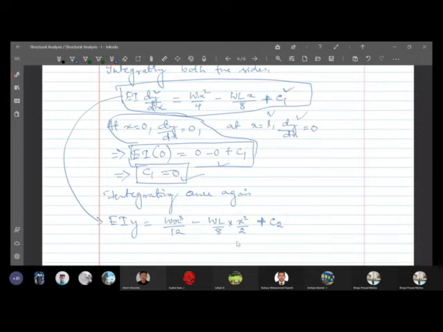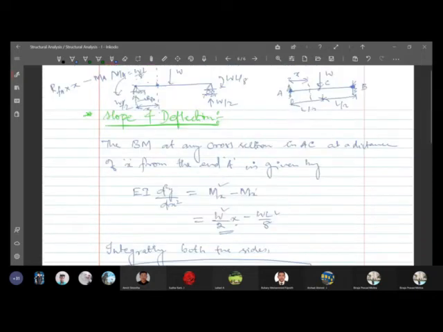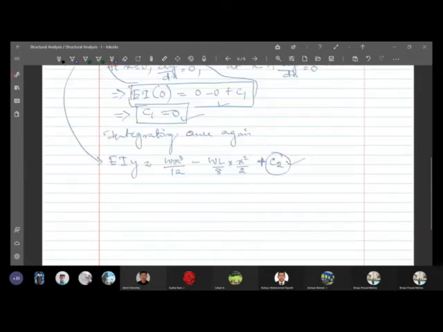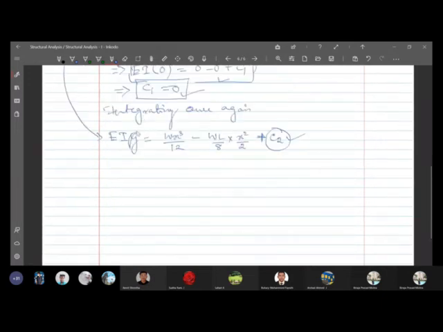Now again we need to find out the value of C2, so again we will put the boundary condition. Here we don't have dy/dx, we have only y, so we will consider the deflection.